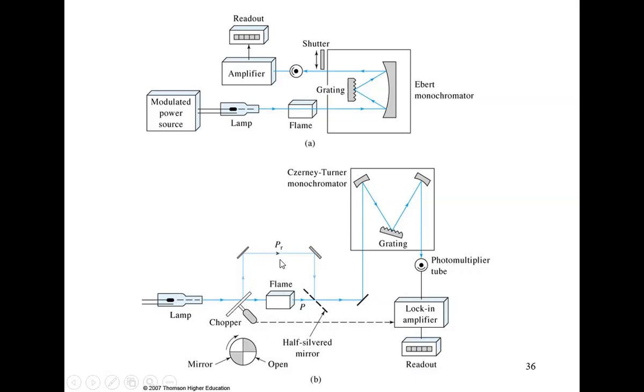The split here, this is the reference, then you go back here, then go to the Czerny-Turner monochromator grating, and eventually to the PMT, which amplifies your signal. So notice there's light that goes through your sample, which is in the flame, and there is also light that just goes through the reference. And then the two can be compared.